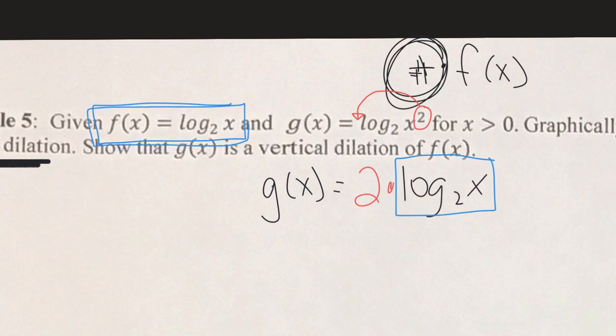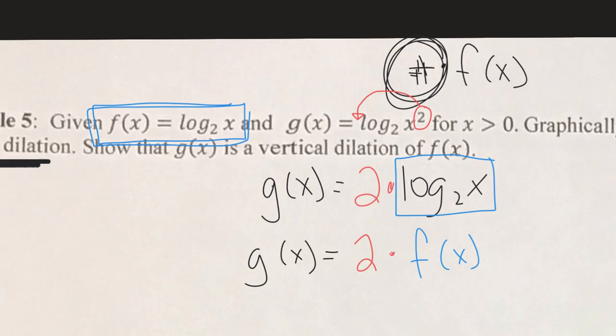So f is known as log base 2 of x, which means log base 2 of x is also known as f. So sure enough, when I use this property, I find that it is a vertical dilation of my original function. The 2 as the product in front is where you're going to find your vertical dilation.